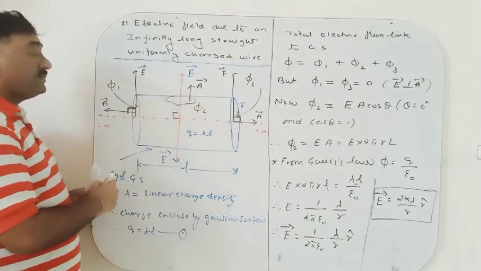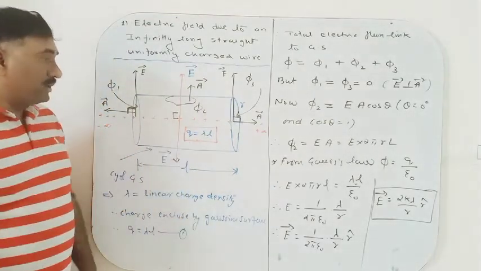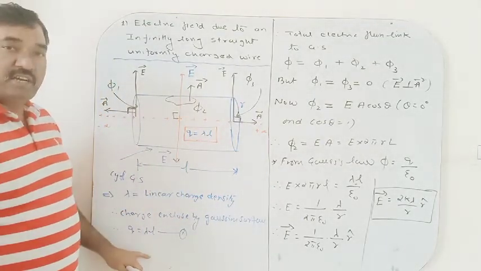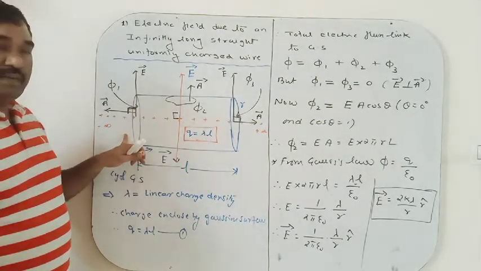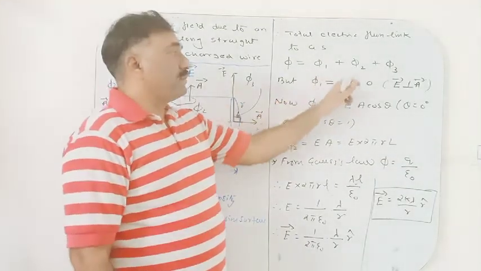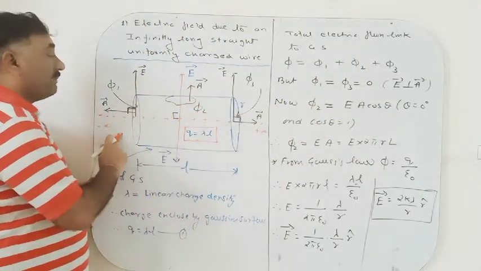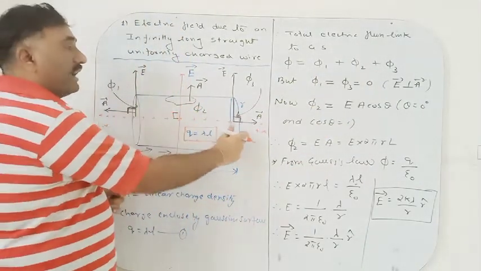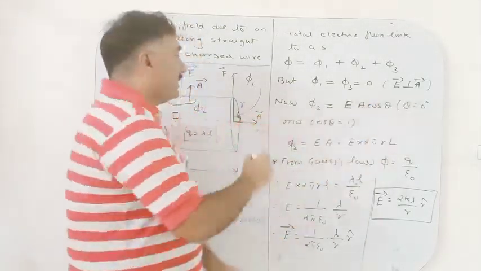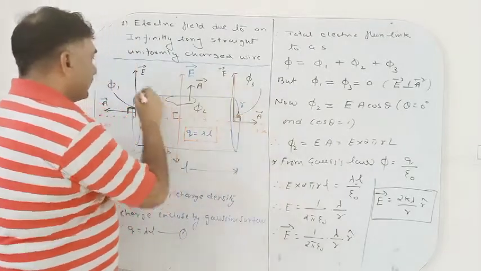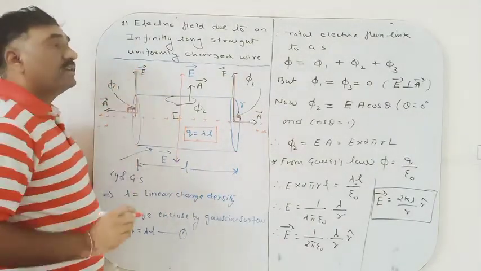Here we are having the charge enclosed by the Gaussian surface, Q is equal to lambda into L, where lambda is the linear charge density. Total flux associated with this closed Gaussian surface, phi, is equal to phi 1 plus phi 2 plus phi 3. But the electric flux associated with the cross-sectional areas, phi 1 and phi 3, is 0 because the electric field is perpendicular to the area vector and their dot product is 0.